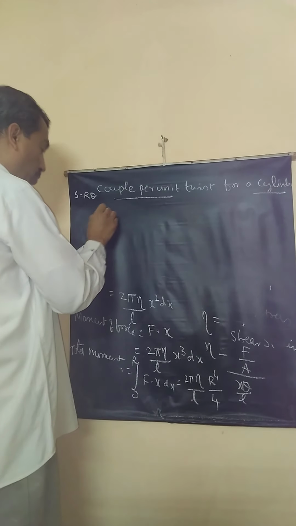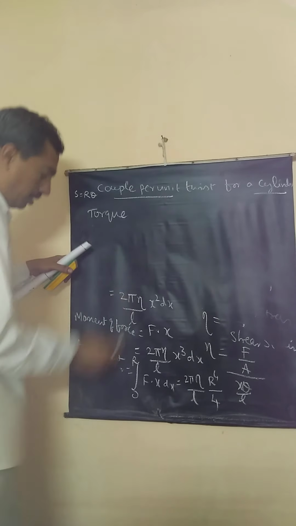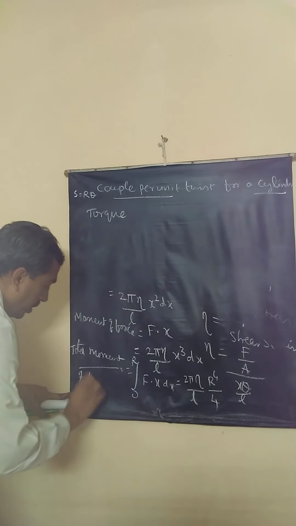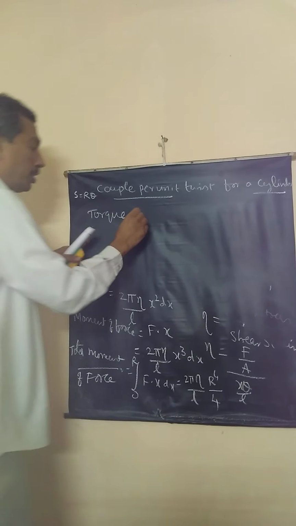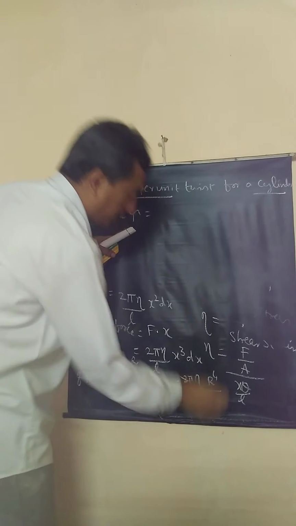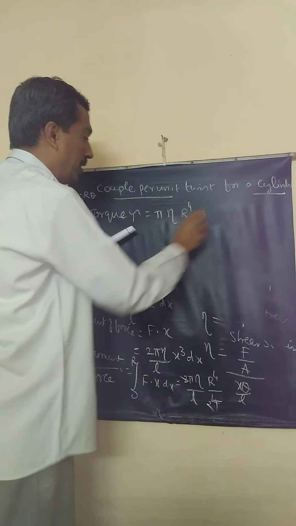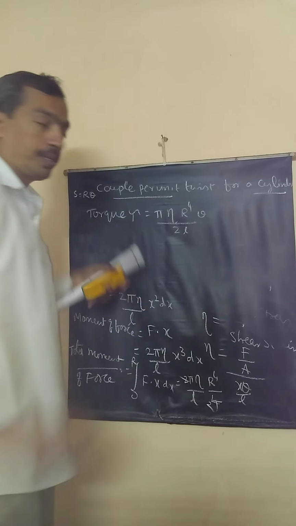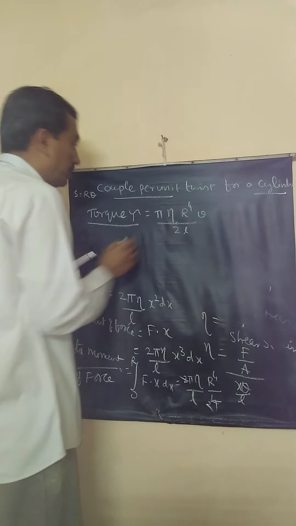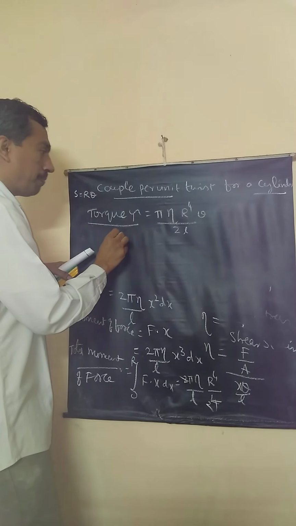So now the last expression is total moment, that is nothing but torque. Total moment of force is torque, tau, equal to 2 pi rigidity modulus r4 into theta by 2L. We need couple per unit twist. This torque is also called couple.